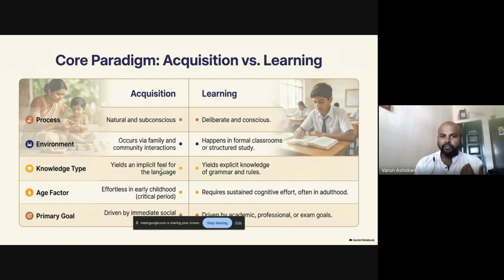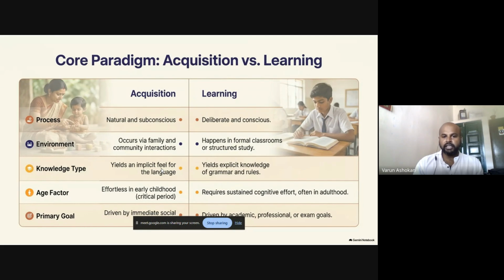But there is a lot of difference between the way I acquire a language and the way a child acquires a language. A child imitates, and an adult also imitates, but I imitate by understanding the meaning. A child doesn't have any knowledge about this particular language, but naturally acquires and imitates it. As for the age factor, a child is effortless and doesn't put much effort into acquiring the language.